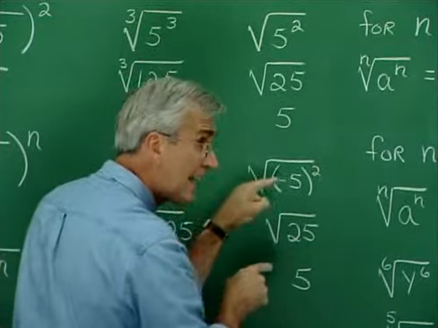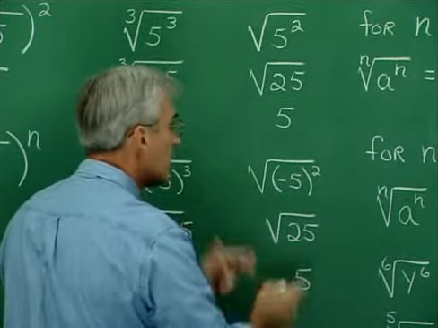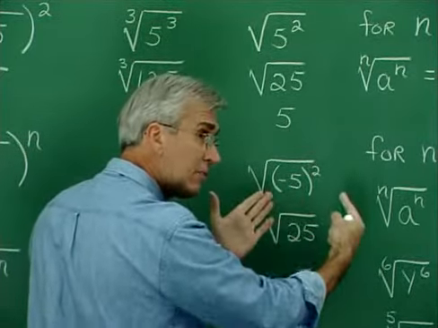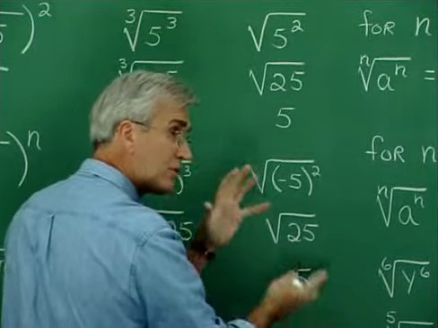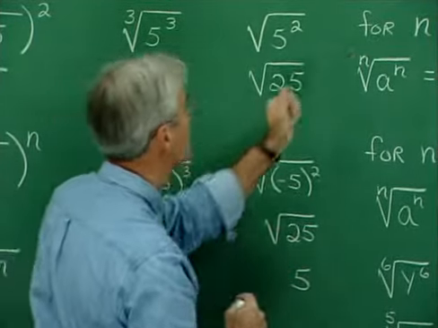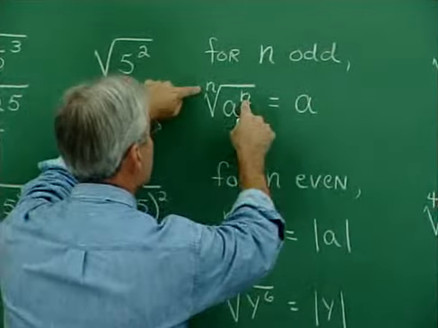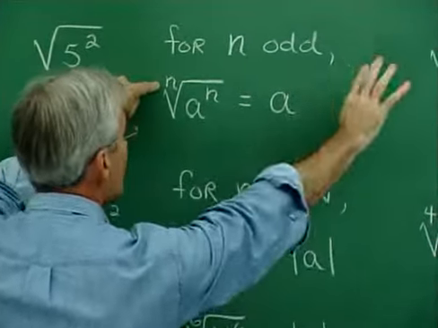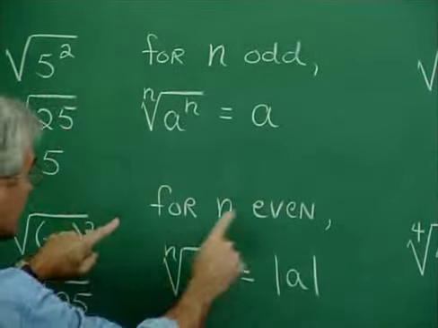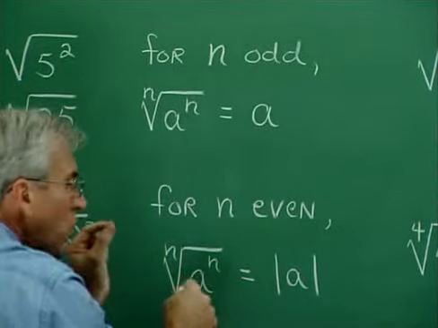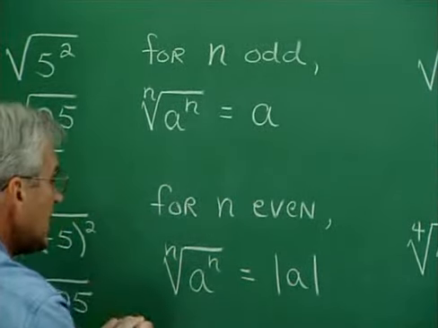So it is not the case that generally the nth root of a to the n power is going to be a. We have to split it into cases. Here's how it works. For n odd, the nth root of a to the n is a. As long as n is odd, we're fine. But when n is even, you see, we have the possibility of that sign changing.